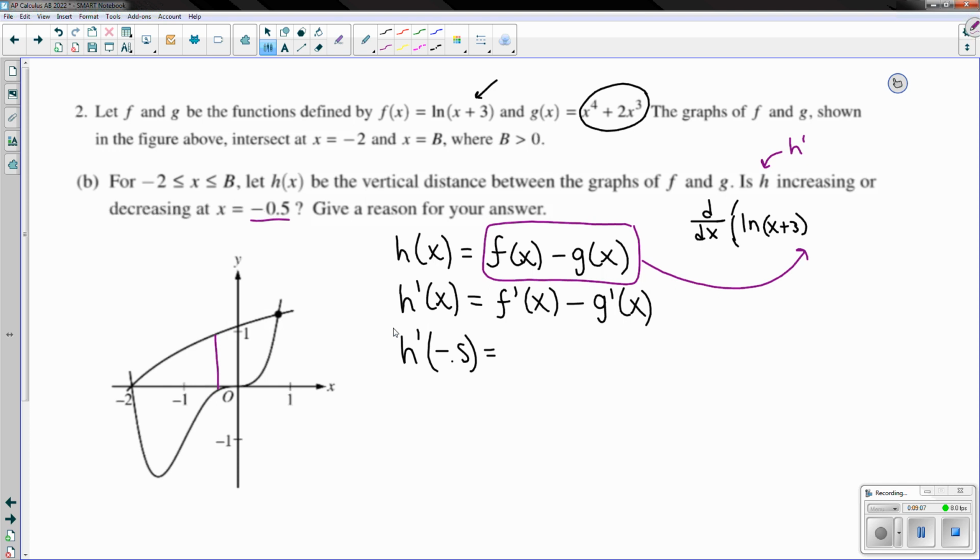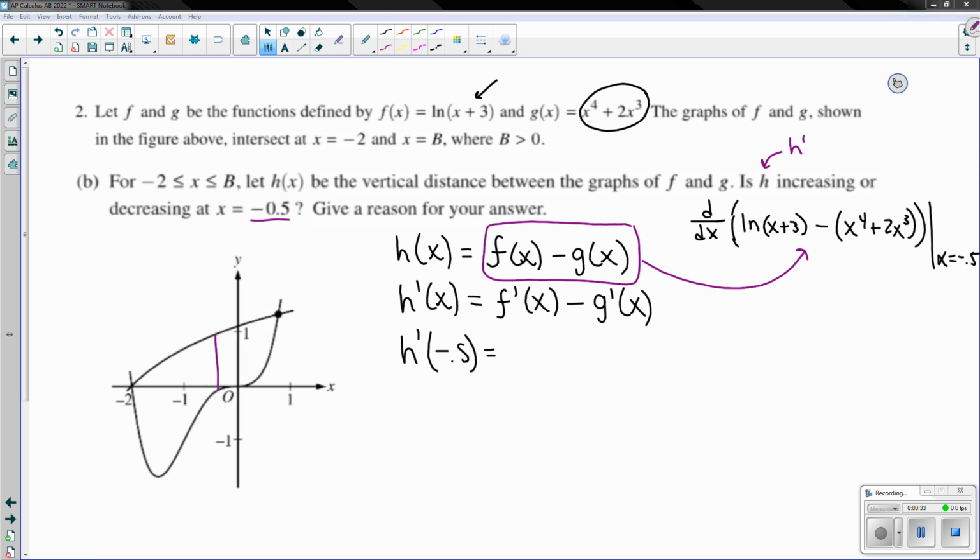So we're going to do minus, and again, we're going to put that second function in parentheses, and we're going to evaluate it at x equals -0.5. And then upon that evaluation, we're going to get our output value for that derivative h prime at this point.